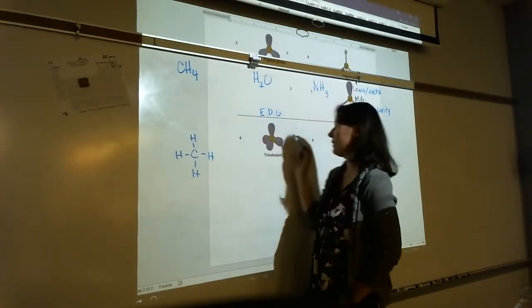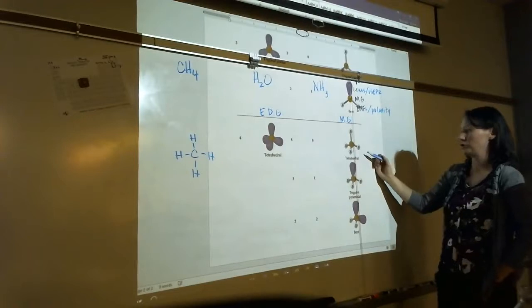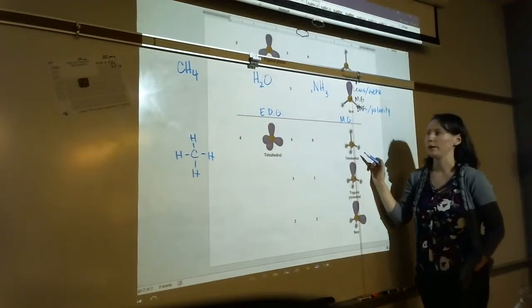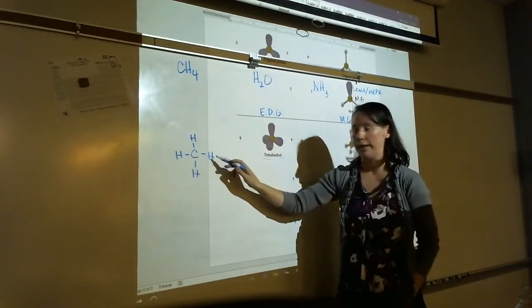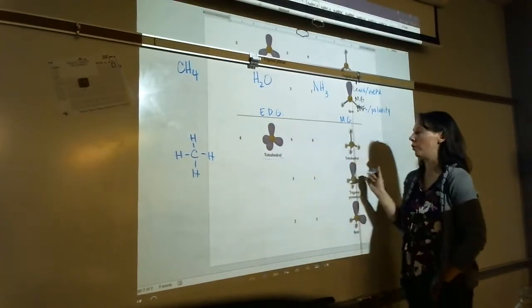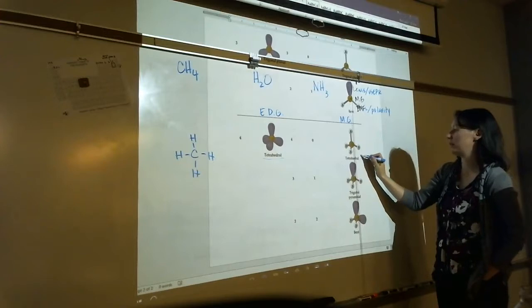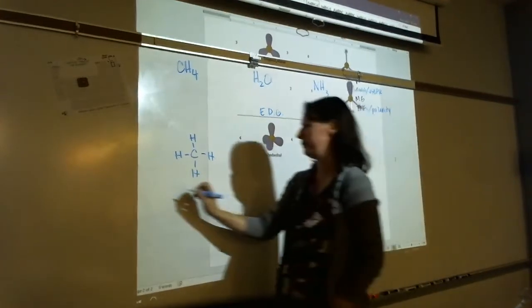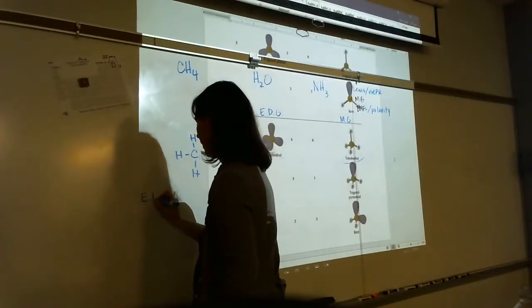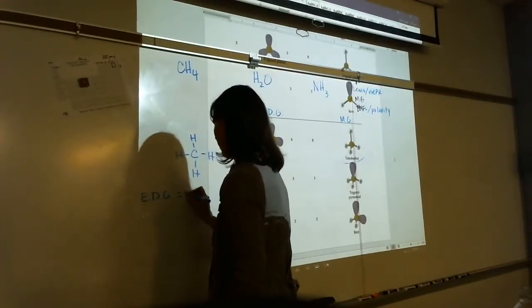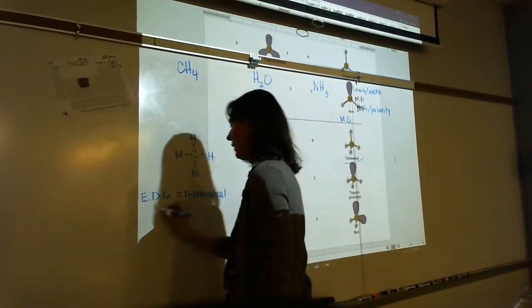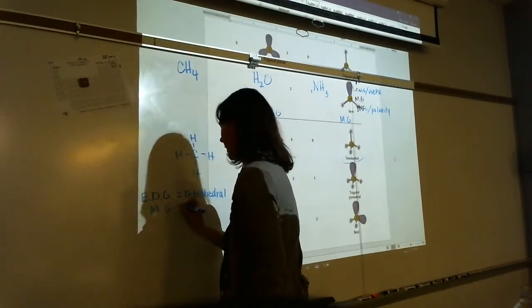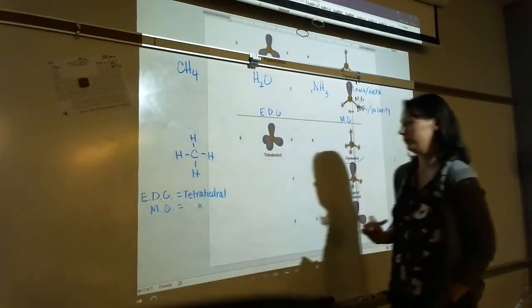No. That means the electron domain geometry and the molecular geometry are going to be the same. The electron domain geometry for this molecule is tetrahedral because there are 4 electron domains. And because there are no lone pairs, the molecular geometry is also tetrahedral.